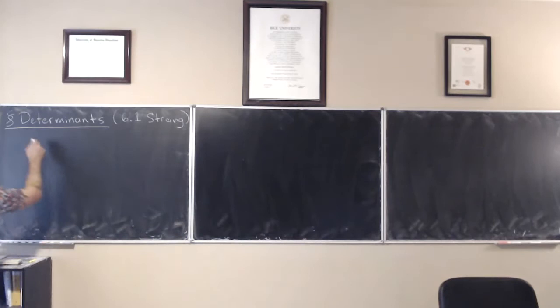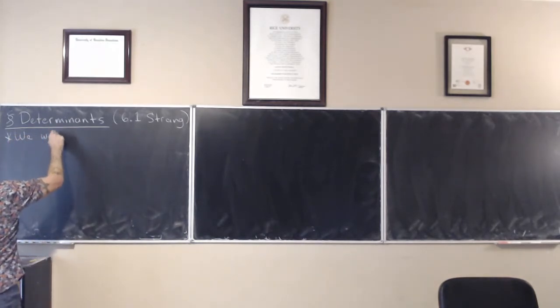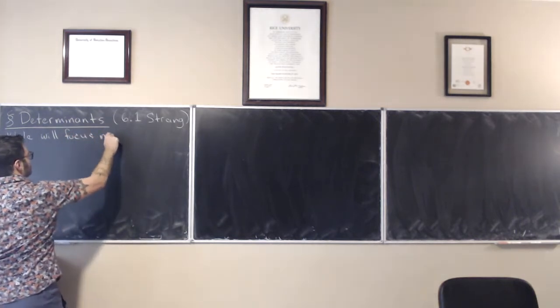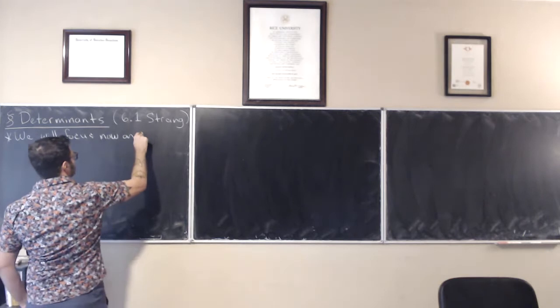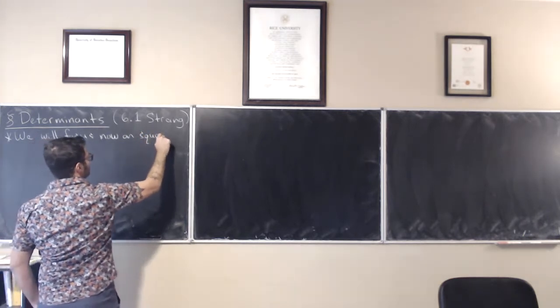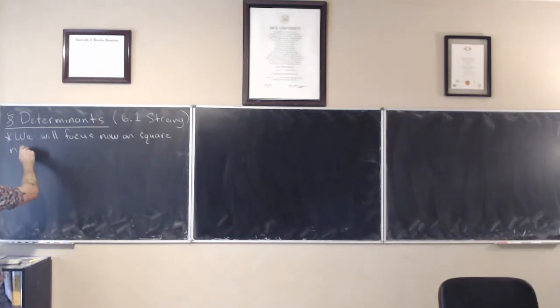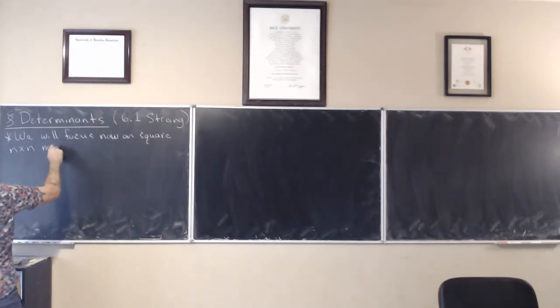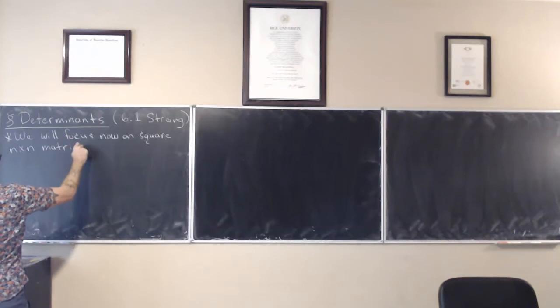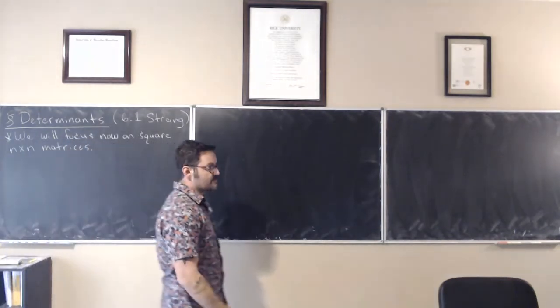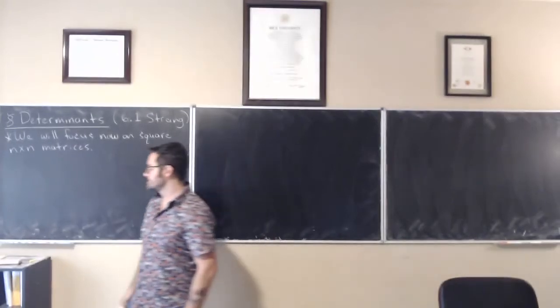So we will focus now on square matrices, square n by n matrices. Okay, and each square matrix is going to have what's called a determinant.